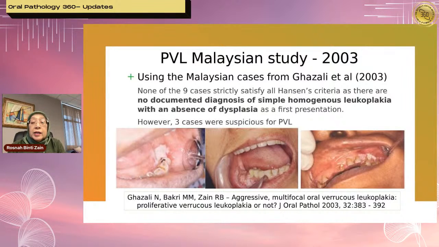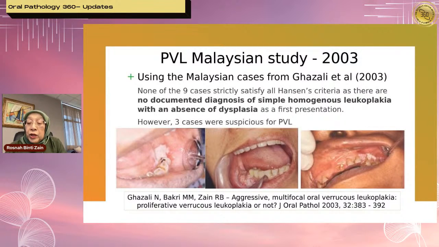However, 3 of the cases were more towards proliferative verrucous leukoplakia. These pictures show that there can be a flat white lesion in the first picture, and in the second picture it's more of a swelling, more exophytic. Although it's not a close-up, it is a bit papillary, but it looks more like a carcinoma.